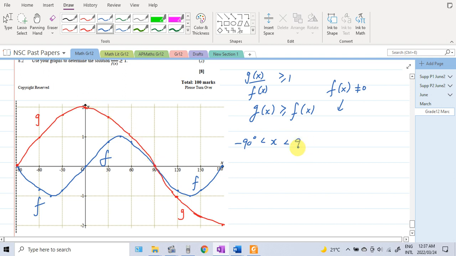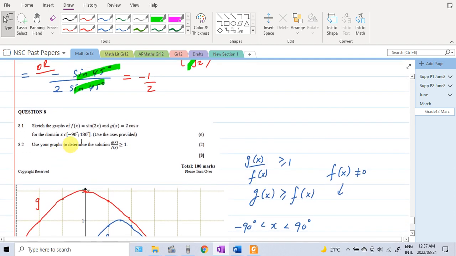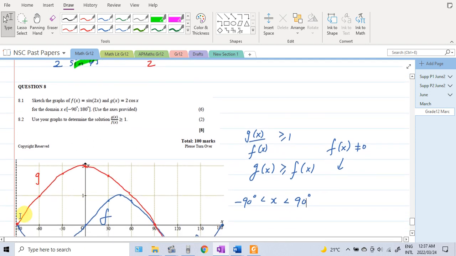Where's the graph of g above the graph of f? g of x is 2 cos x, and this is sine 2x from minus 90 to 180. Use the graphs to determine. So basically they should have specified an interval here, but anyways we need to look at the entire interval.